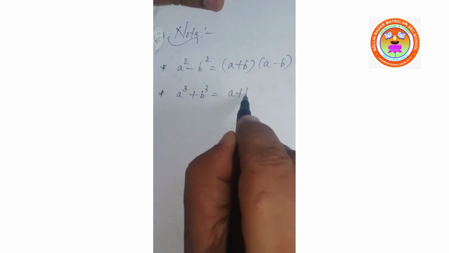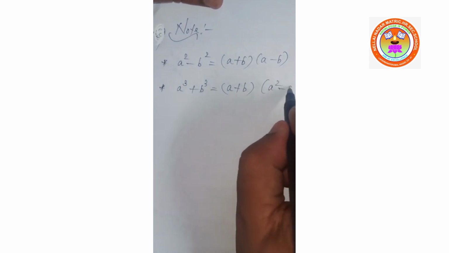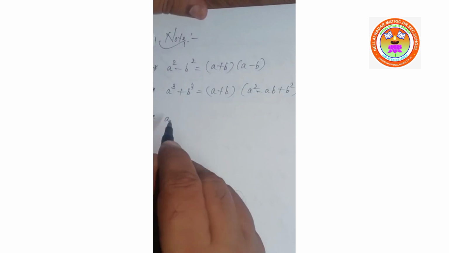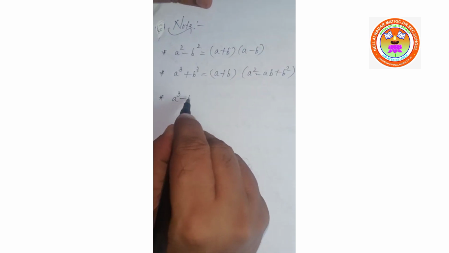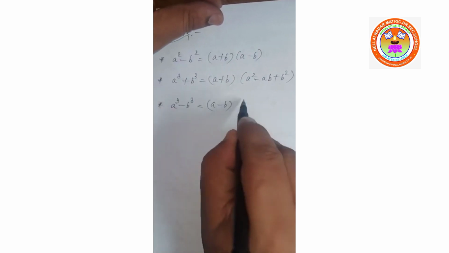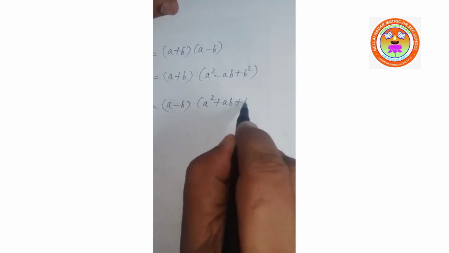We have to apply this identity, a plus b into a squared minus ab plus b squared. a cube minus b cube, that is equal to a minus b into a squared plus ab plus b squared.